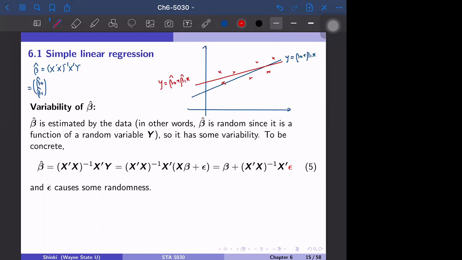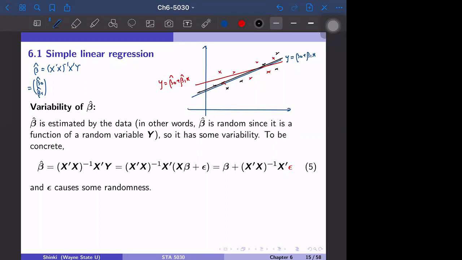So each time you observe data, you have a different line. For example, another data set maybe like this, and maybe we estimate this line. So it's slightly different each time.